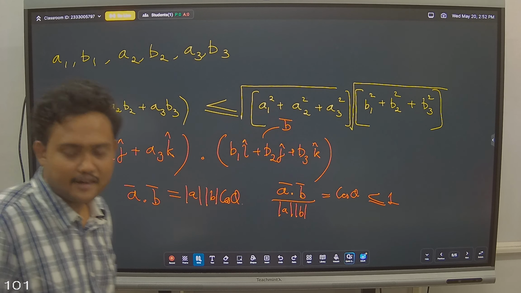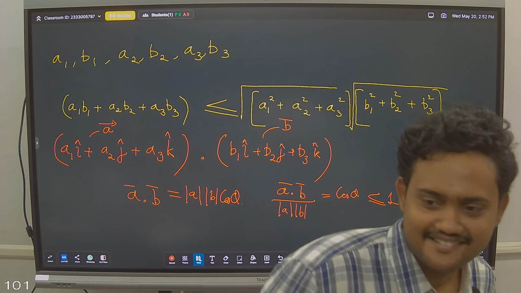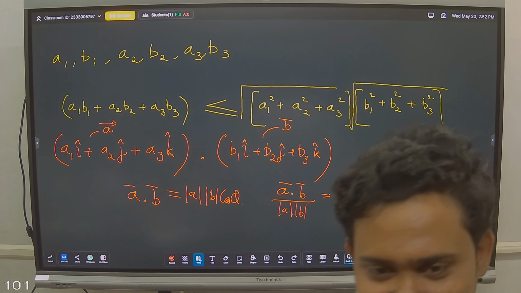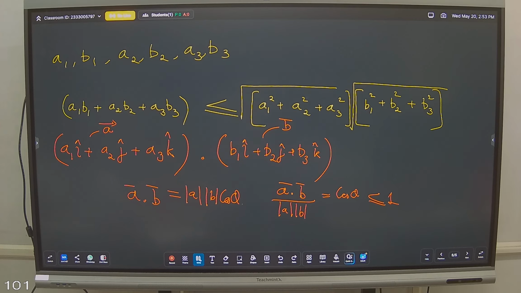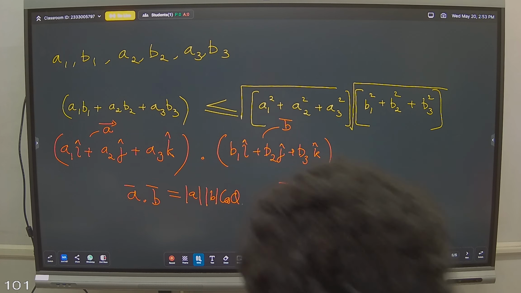Cos theta is less than or equal to 1. You told us they are real numbers. Yes, these are real numbers.